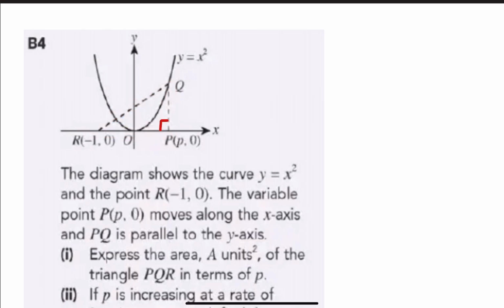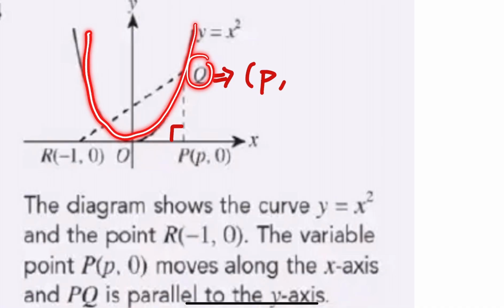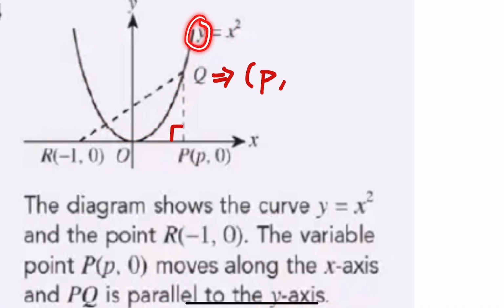Point Q lies on this curve, and the x coordinate of point Q is equal to the x coordinate of point P, which is p. This means the x coordinate of Q is p, and since Q lies on the curve, when x is equal to p, the y coordinate is p squared.